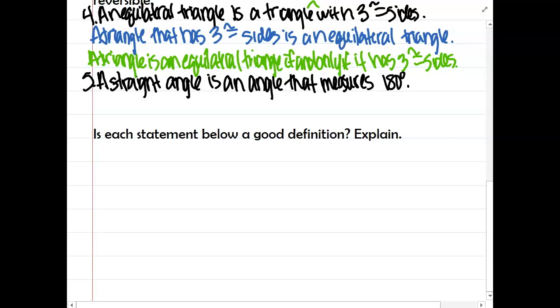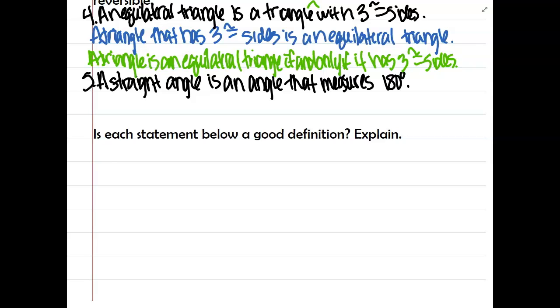A straight angle is an angle that measures 180 degrees. Okay, so first thing, if I wanted to reverse this, if I'm going to give it a shot, what would this look like if I reversed it?